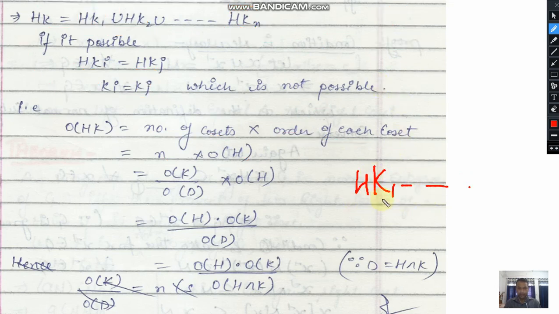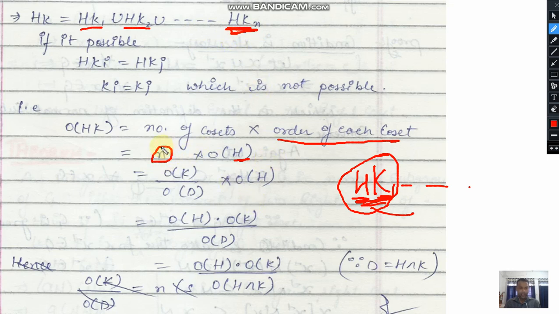So when you multiply this subgroup H with any element, no new element will be generated here, because these all belong to G. So the order of each coset will be equal to the order of H. Now what is n?